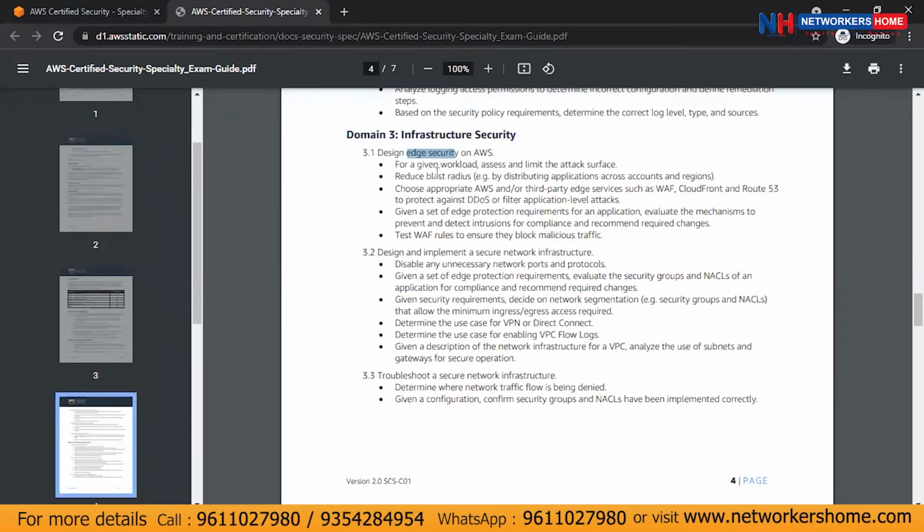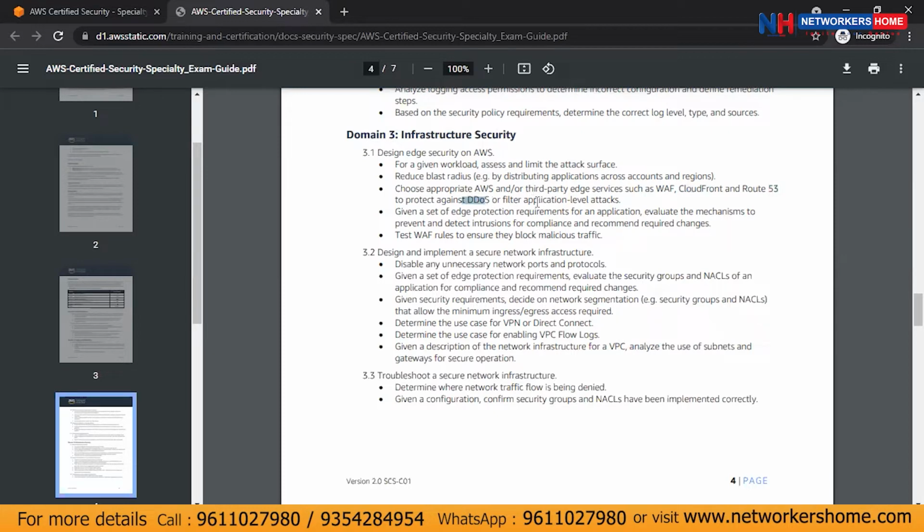Okay, so for a given workload, assess and limit the attack surface and reduce blast radius. Choose appropriate AWS or third-party services to protect edge services using a web application firewall, and you can protect edge services like CloudFront and Route 53. How you can protect from DDoS attacks.